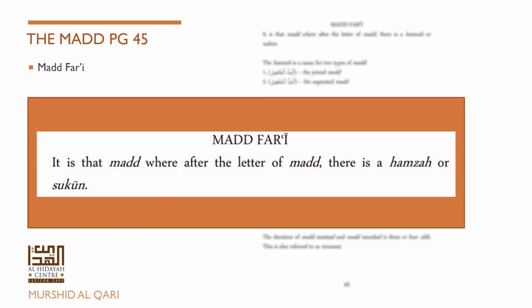Nevertheless, moving on, mad far'i is that mad where after the letter of mad there is a hamza or a sukun. So unlike mad asli, where there isn't a hamza or a sukun after a letter of mad, in mad far'i there will be a hamza or a sukun after the letter of mad.